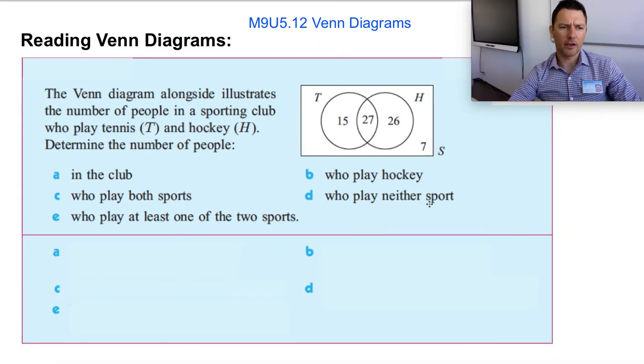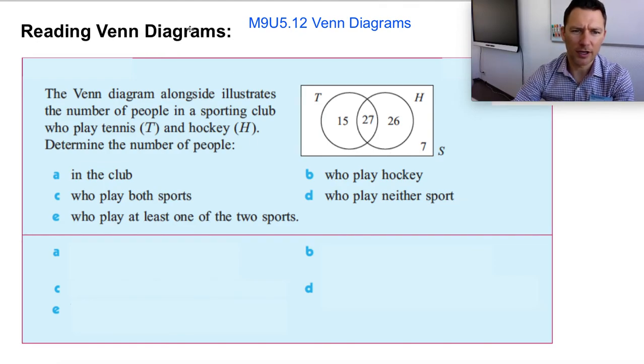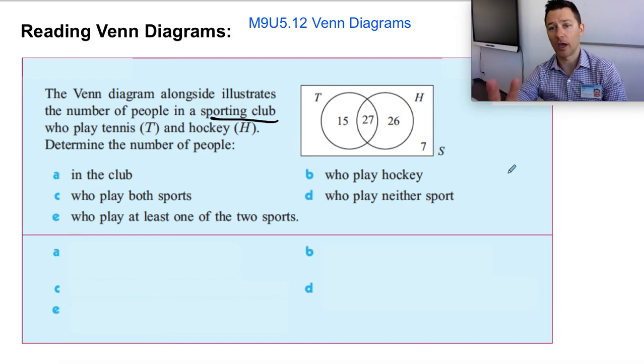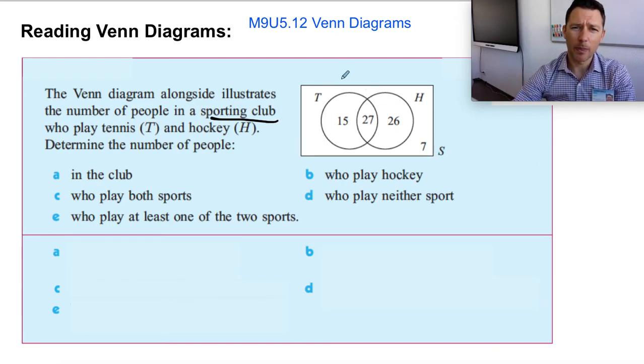So let's try this out with an example. So here's a sporting club. We have tennis, we have hockey, and we want to find just the number of people that have this and that. Okay, great. What I think is hardest to visualize about it is it's obvious that there's 27 people that play both.